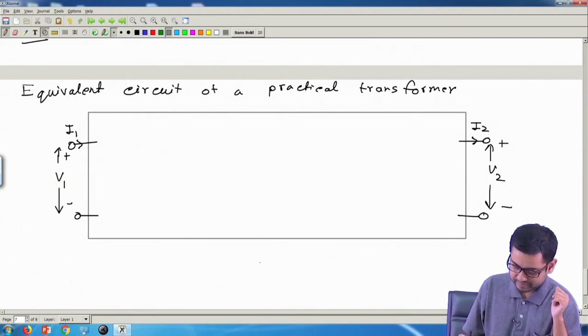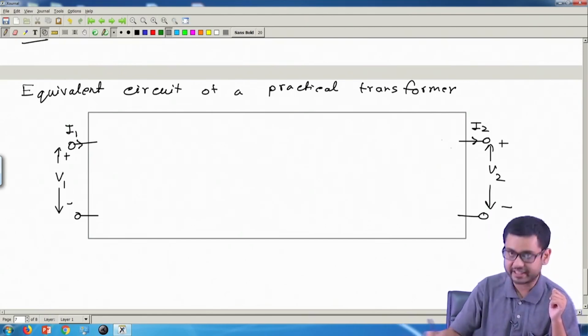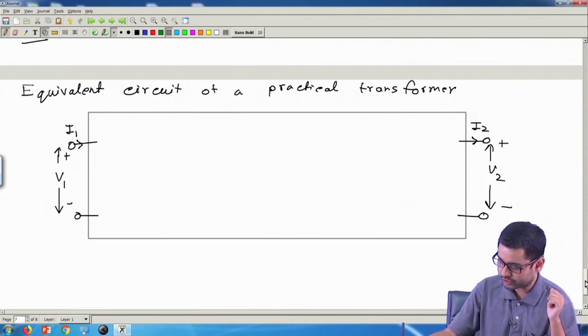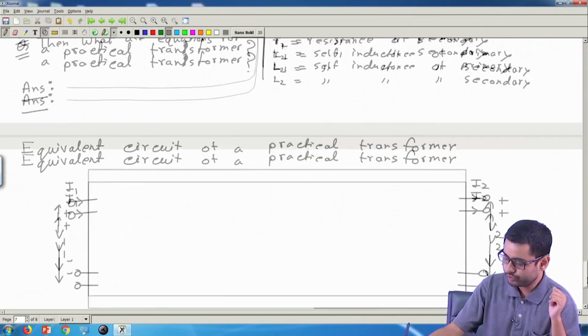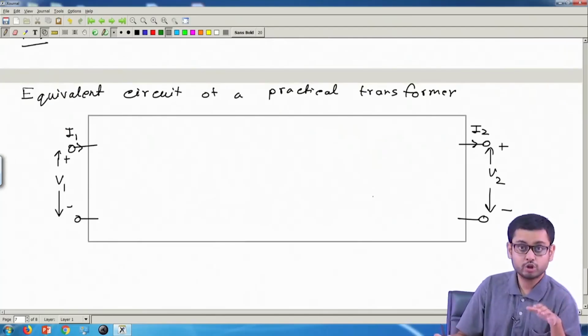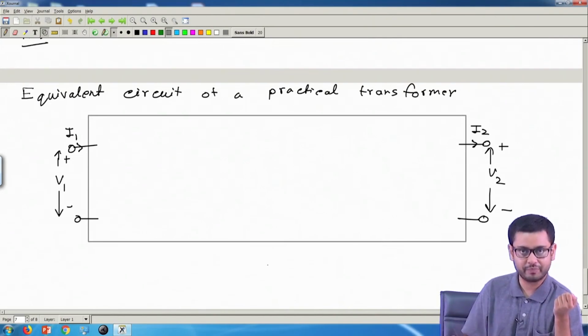Now if the relationship between V1, V2, I1 and I2 in this circuit, in this black box, is same as these relationships, then we will call this black box an equivalent circuit of the practical transformer.